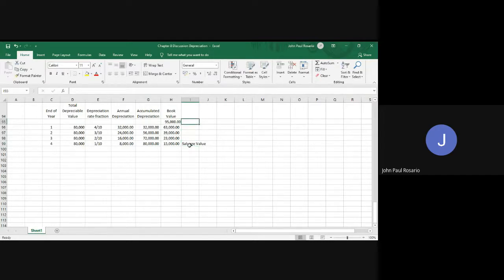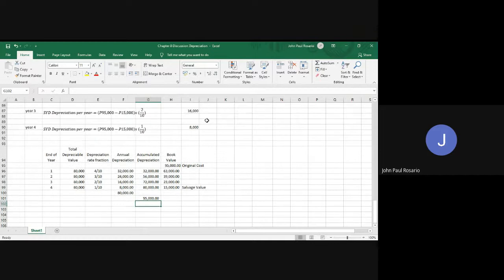And this is your original cost. Also, your annual depreciation should equate to your total depreciable amount, and when adding your total depreciation with your salvage value, that should equate to original cost.